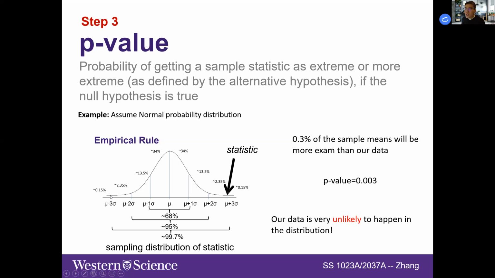So we sum up the percentage of the data in this region as well as this region, and we get this percentage. That's the idea for computing the p-value. Of course, I won't require you to compute the p-value in the final, but you just need to know what the p-value refers to in this case.